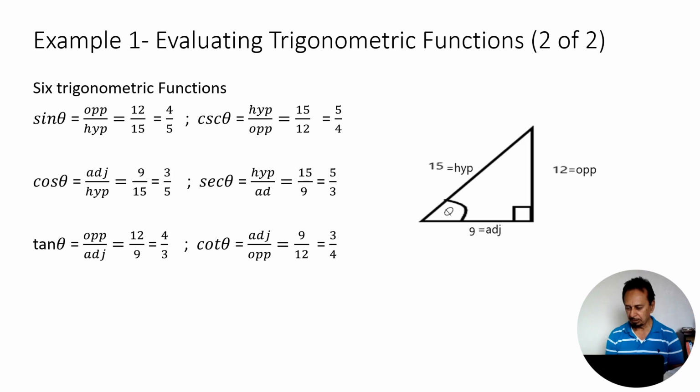Opposite is 12, adjacent is 9, and hypotenuse is 15. Sine theta is opposite over hypotenuse, so 12 over 15. We can simplify, divide by 3 top and bottom, and get 4/5.